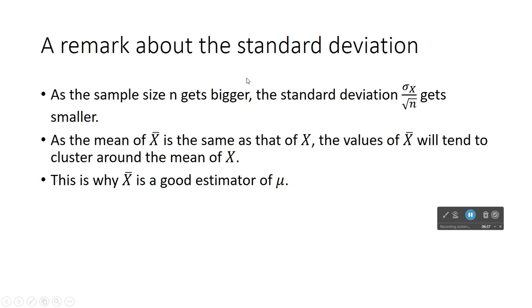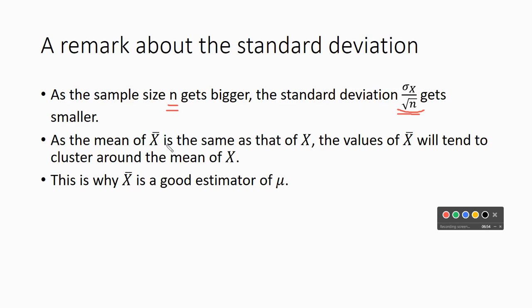Now let's take a remark about the standard deviation of the sample mean. As the sample size gets bigger, the standard deviation gets smaller.